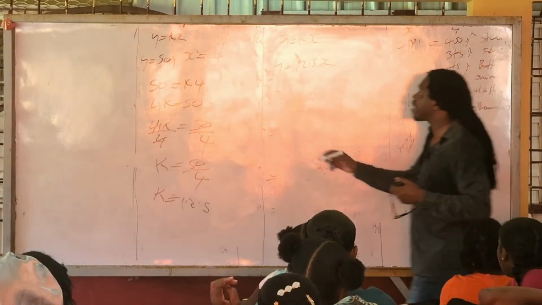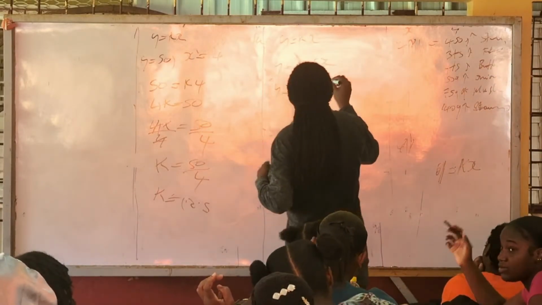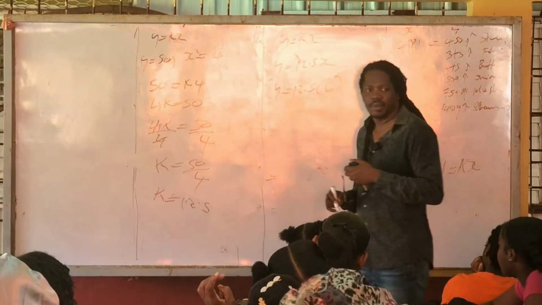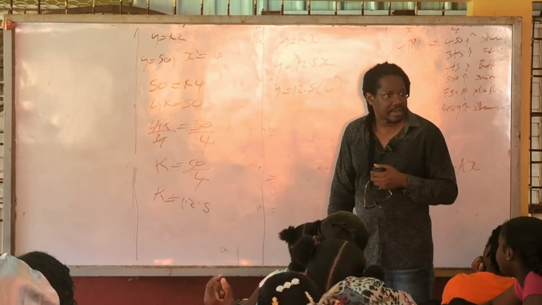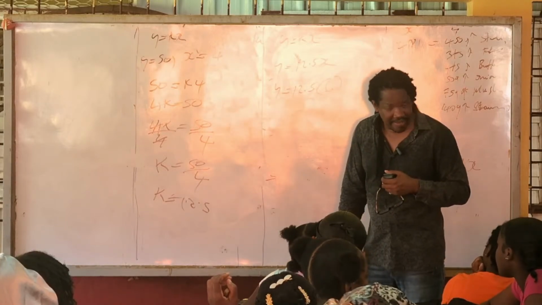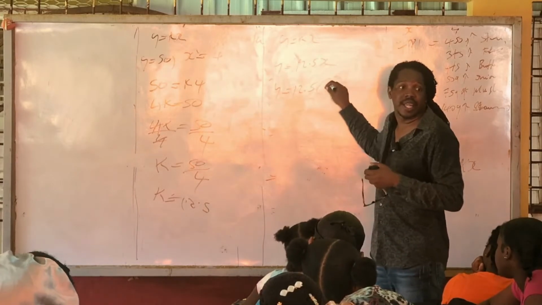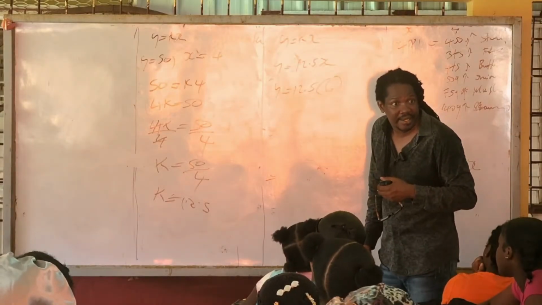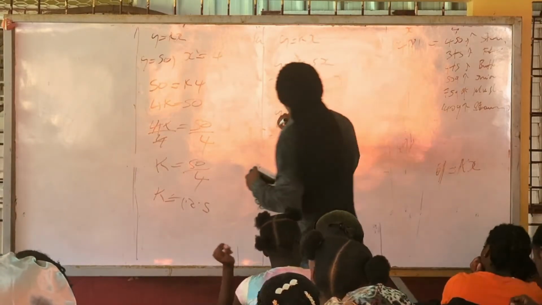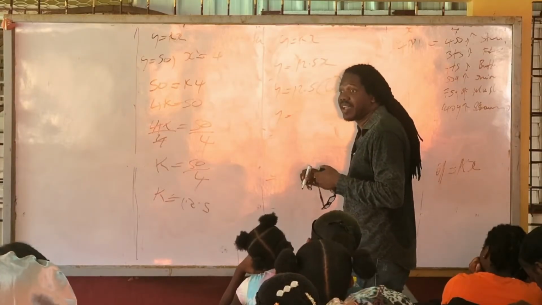So I come back over here and say Y equals 12.5 times 6, because it's 6 people. If they told me 10 people, I put times 10. If they told me 100 people, I put times 100. Everybody see that? So Y equals 75.